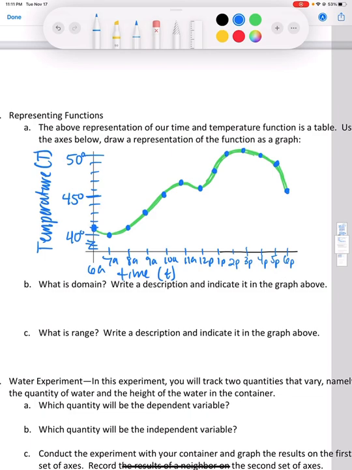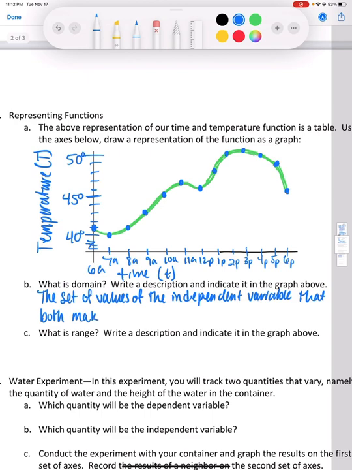So domain is the set of values of the independent variable that both make sense and are of interest to the function.